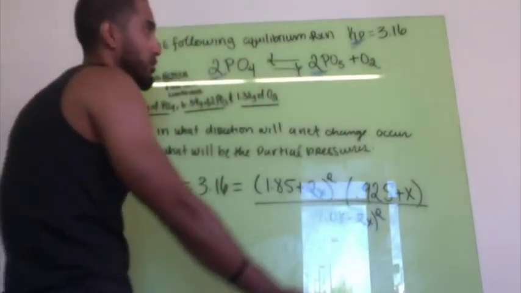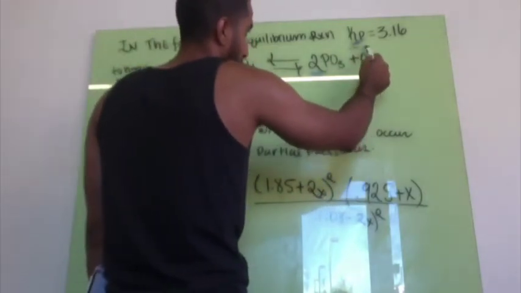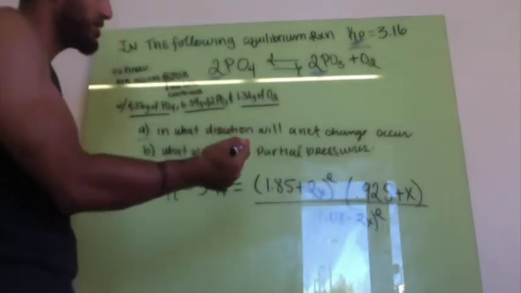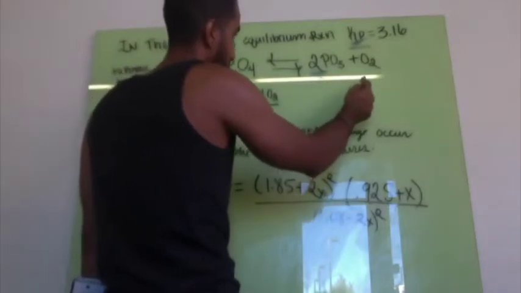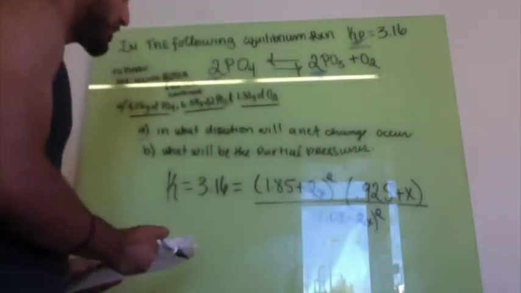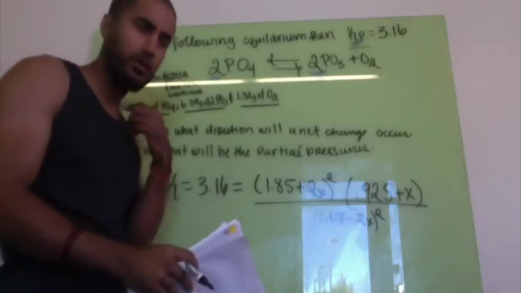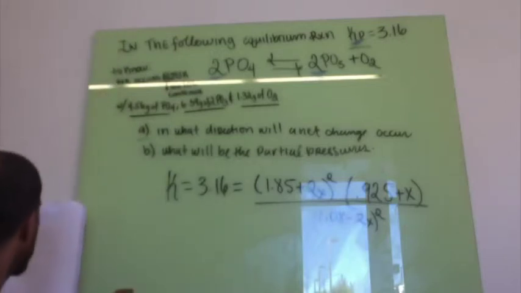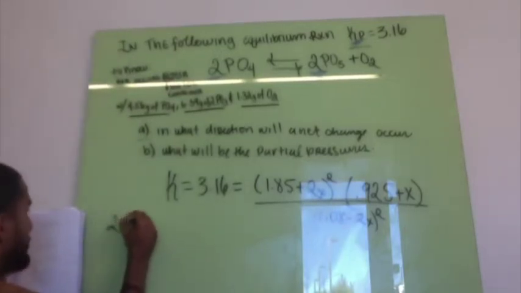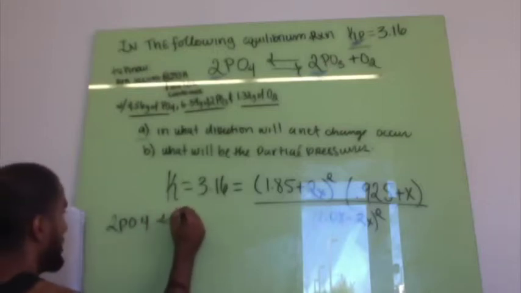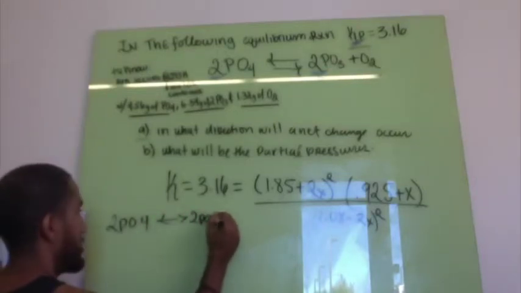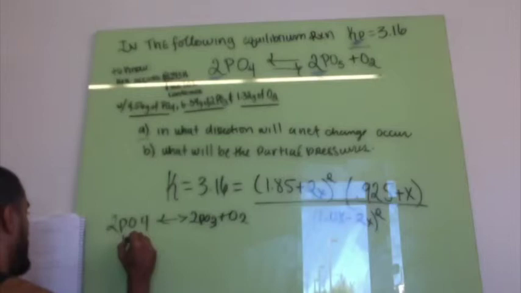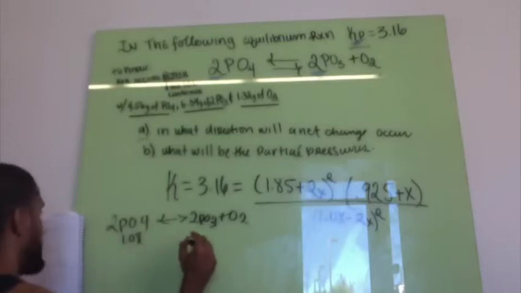Well, from our equilibrium constant K, we can derive an ICE table using the pressures that we found from part A. What we will get is 2PO4 in equilibrium with 2PO3 plus O2, with our pressures for each respectively.